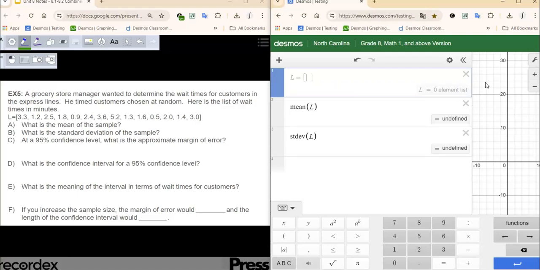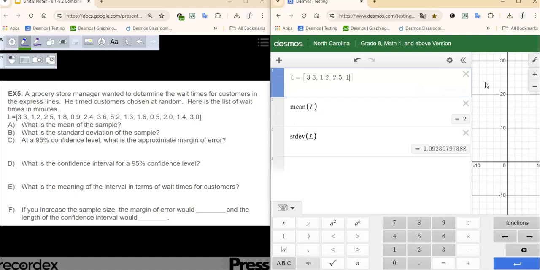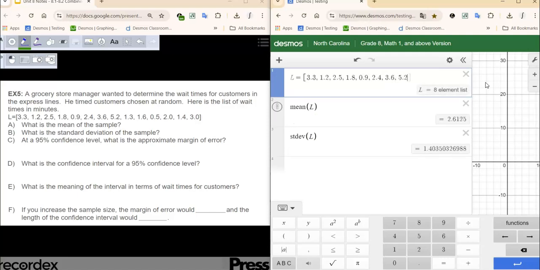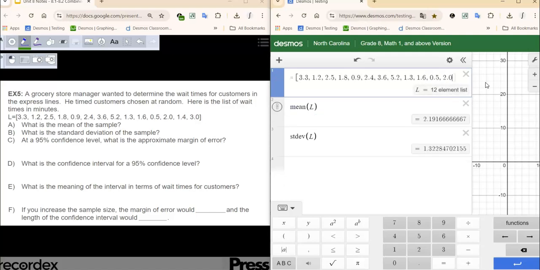So for this data, we have 3.3. We've got 1.2, 2.5, 1.8, 0.9, 2.4, 3.6, 5.2, 1.3, 1.6, 0.5, 2.0, 1.4, and 3.0.